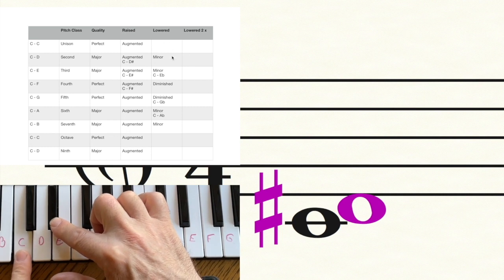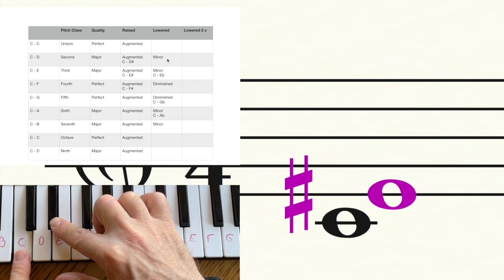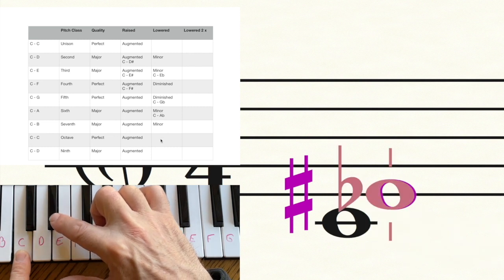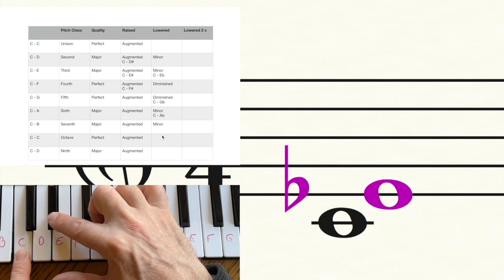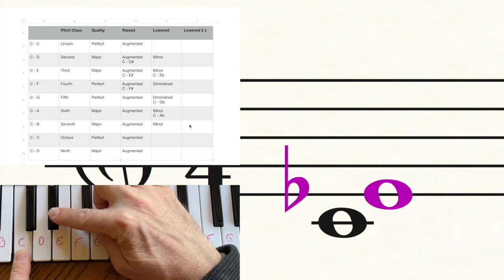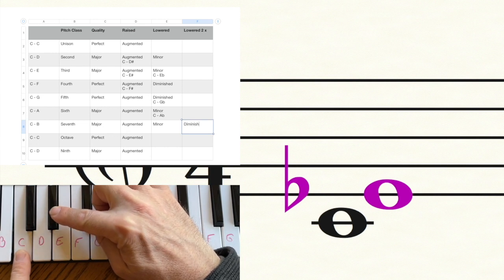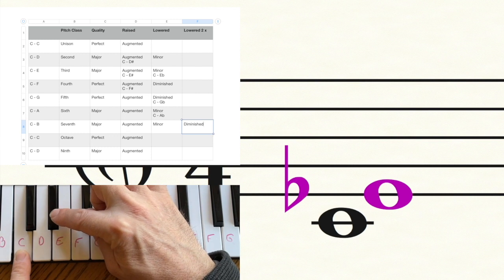Now keep in mind, D sharp is the same note as E flat. So D sharp and E flat sound the same, but they have two different names. The D sharp is an augmented second. The E flat is a minor third.